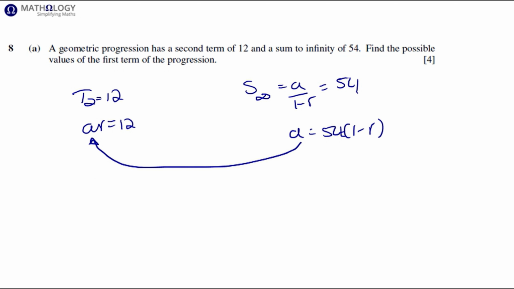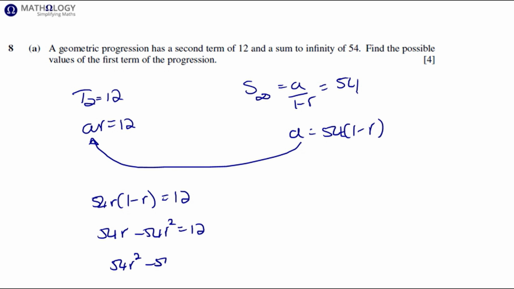Substitute a into this expression over here. So we will have 54r times (1 minus r) equals 12. 54r minus 54r squared equals 12. 54r squared minus 54r plus 12 equals 0. We can divide through by 6, so we'll have 9r squared minus 9r plus 2 equals 0.